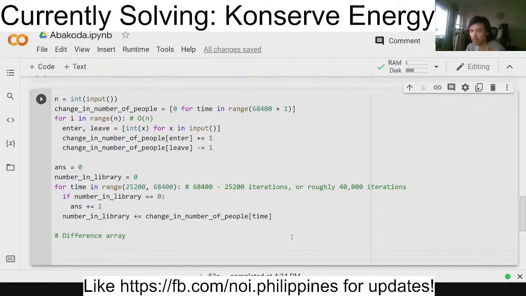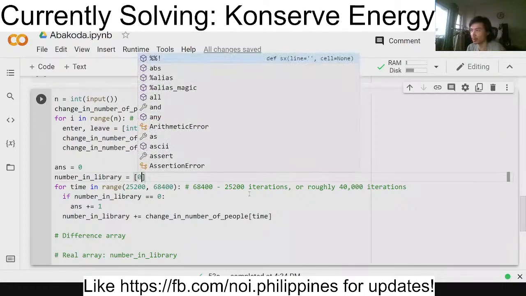The real array is the number of people in the library. So you can imagine we change the solution a bit. Instead of just keeping track of the number of people in the library right now, we can also compute the number of people in the library at all of the times. It's not important for this problem, but we can do that.